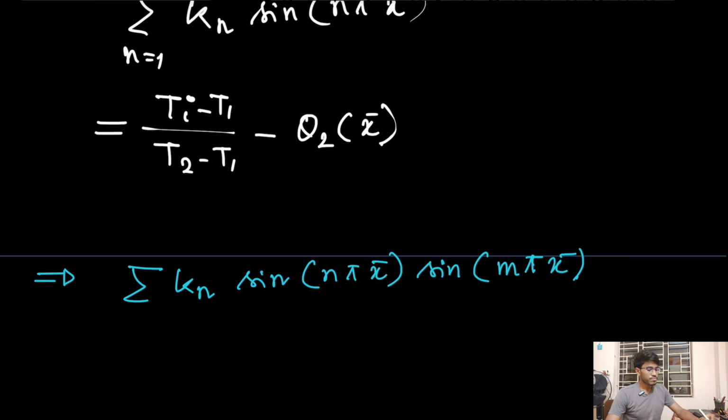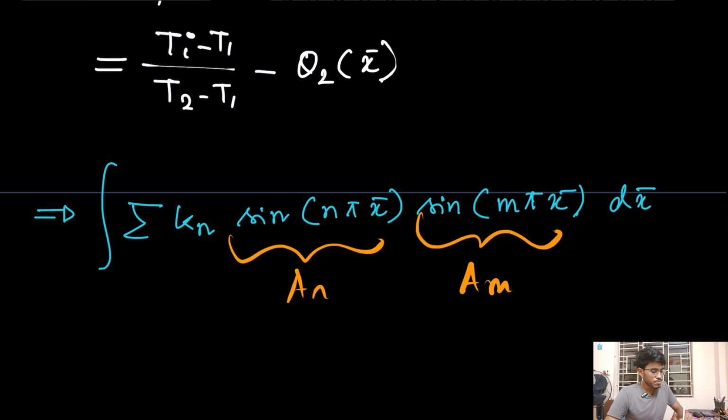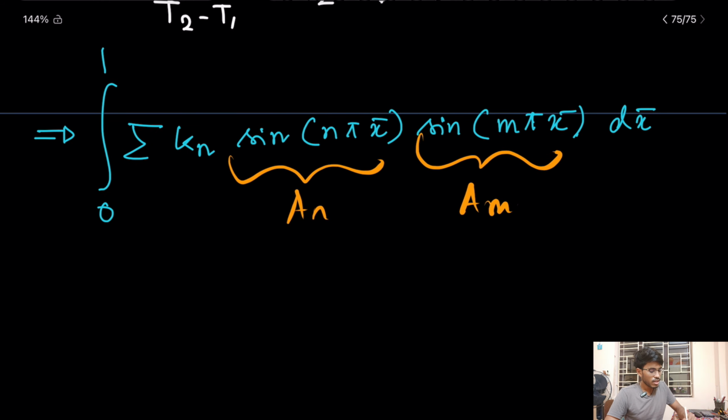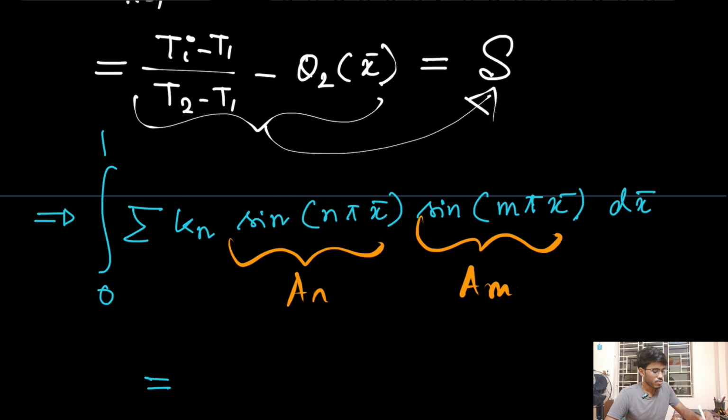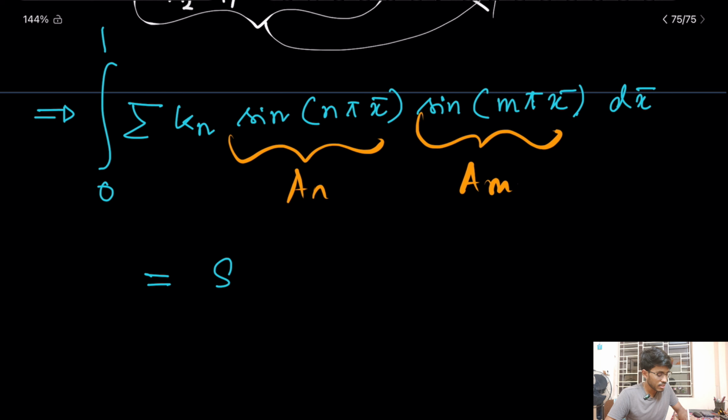And I will integrate it with respect to dx from 0 to 1 again. Now I call this a constant, so let me term this as s. So s is this one only. So this will be nothing but s dx.